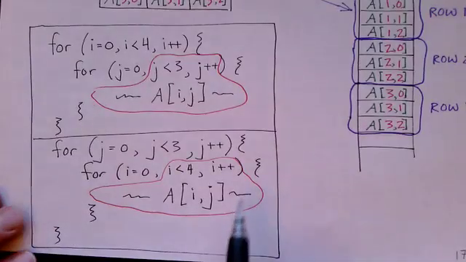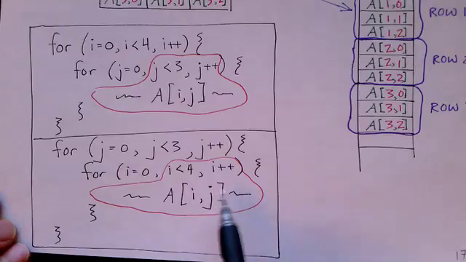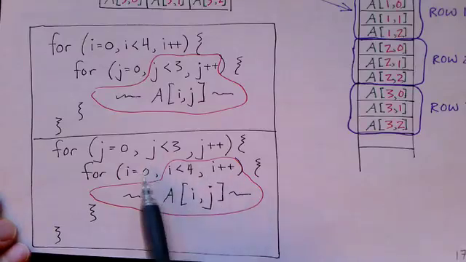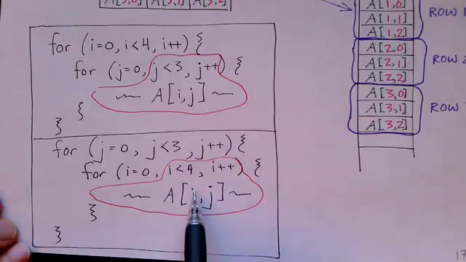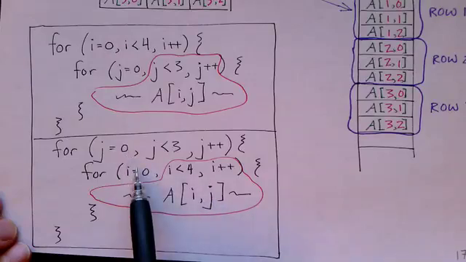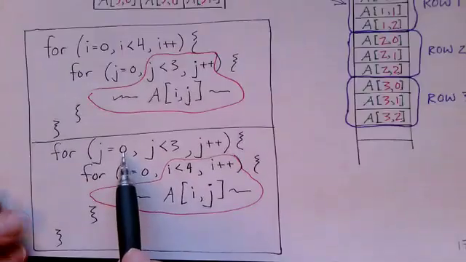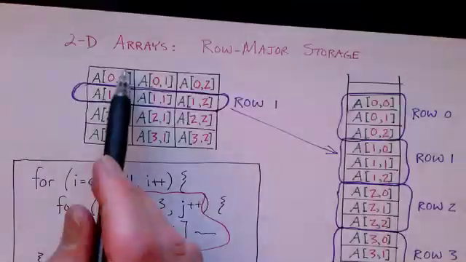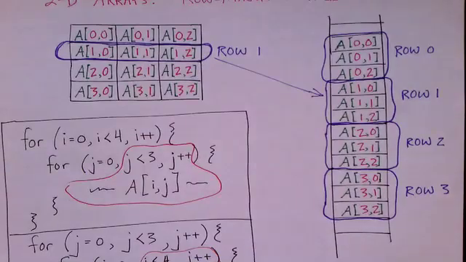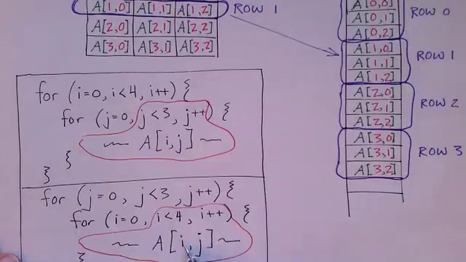It touches the same array elements, but it just does them in a different order. You see that I have kept the I and j in the same order here, but I've reversed the loops. So this one will do all of j equals 0, and it will vary I more frequently. When j is 0, it'll do I 0, 1, 2, and 3.